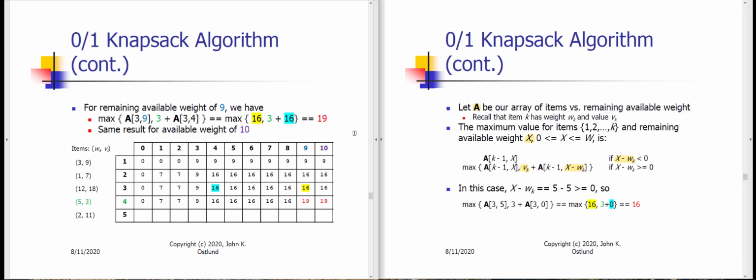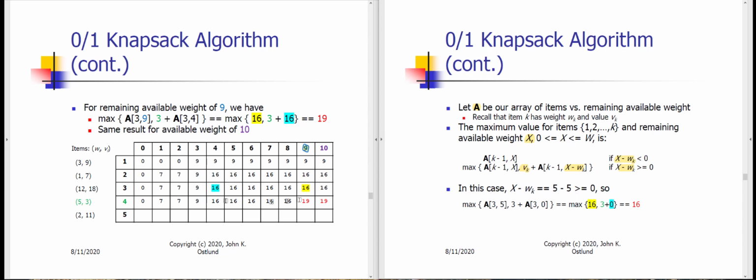All right. Now, if we look in column 9, finally, we get to a situation where we can get above 16. If we have 9 units of available space in our knapsack, then when we compute k minus the weight of the current item, that's 9 minus 5, which gives us 4.